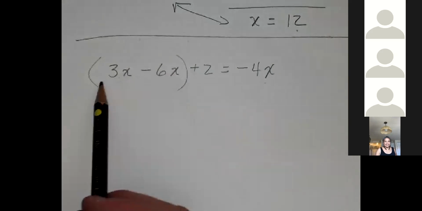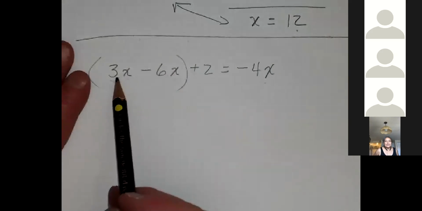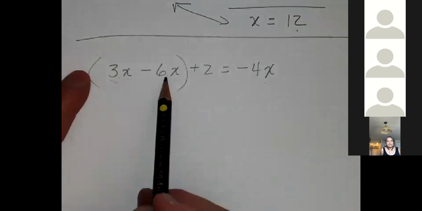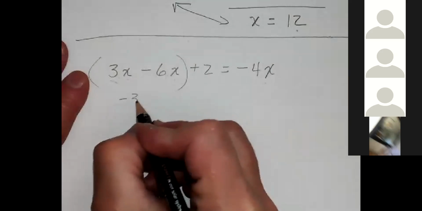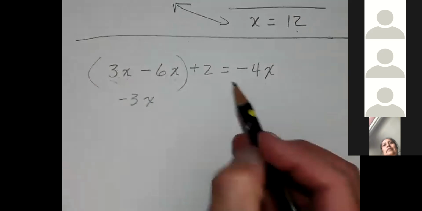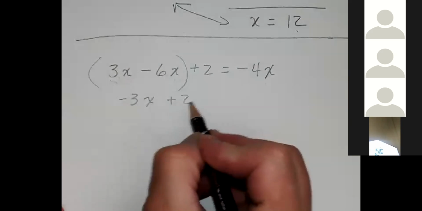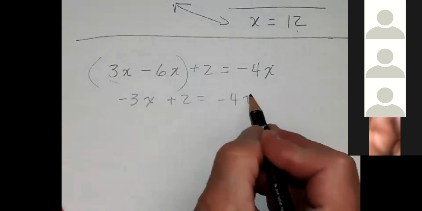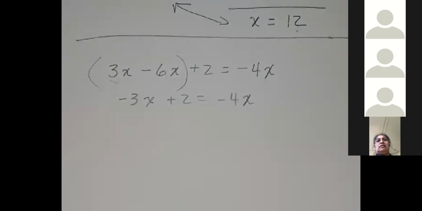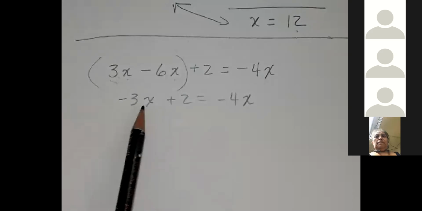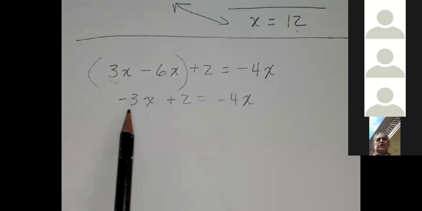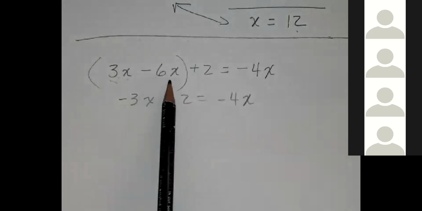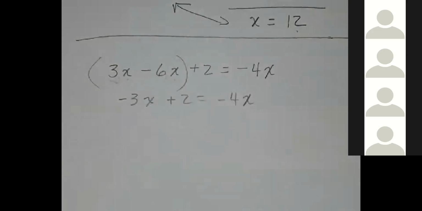So these things can be combined. 3x subtract 6x is negative 3x. So this is definitely a little bit simpler than that.